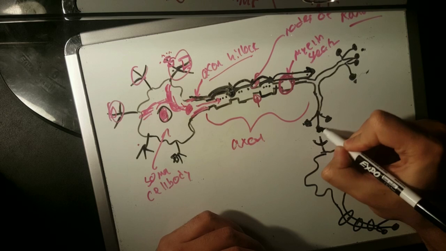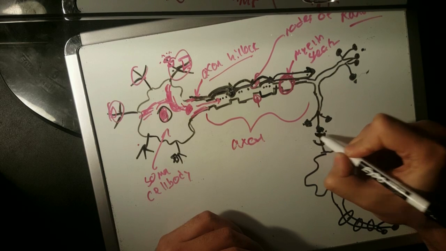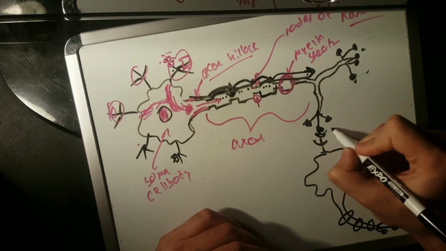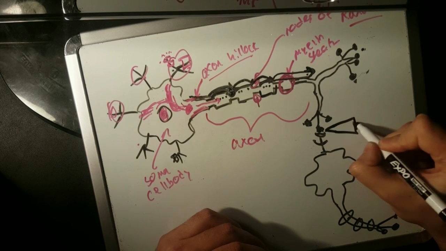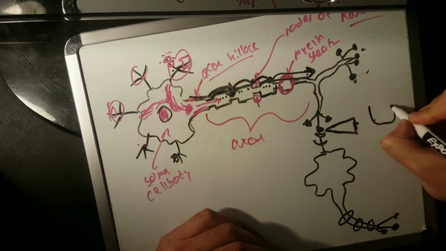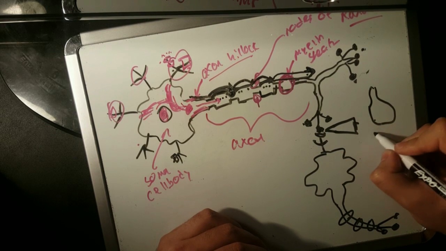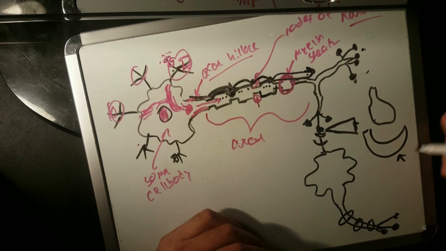Well, this little junction right here between the axon and the dendrite is the synapse. In here, in this synapse, right? So let's just blow it up right here. Inside of this synapse, it looks like this. Where this is the dendrite and this is the axon terminal, right?